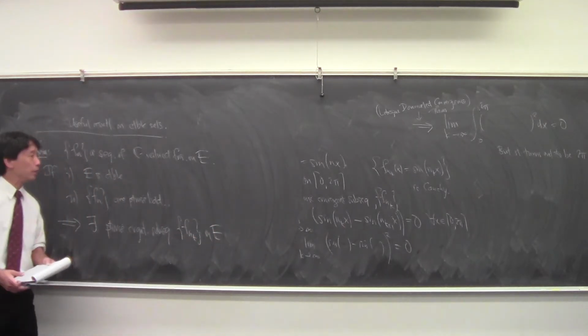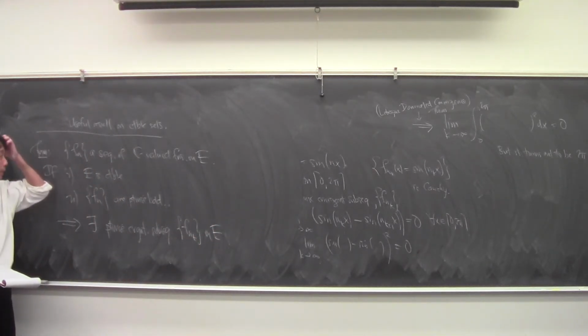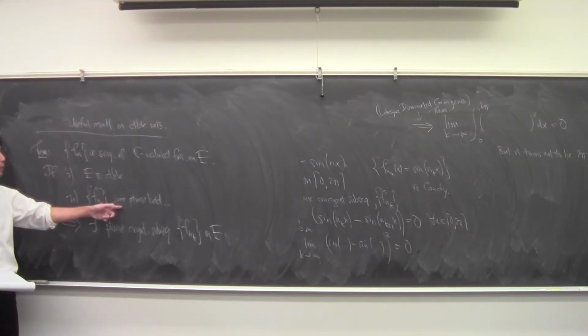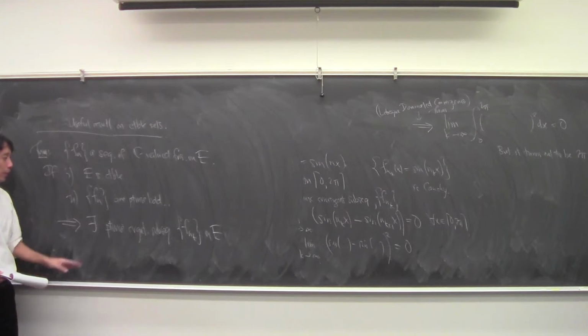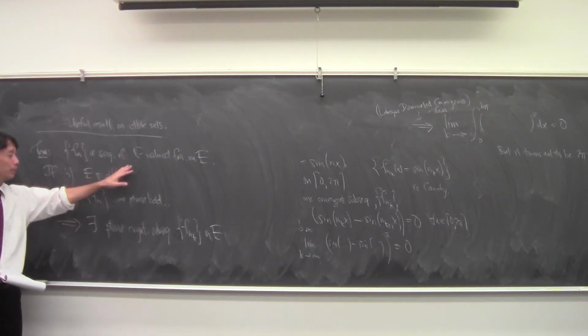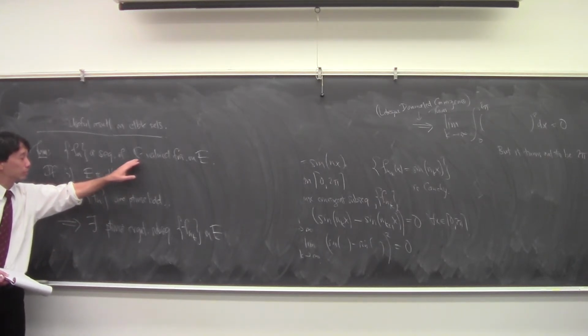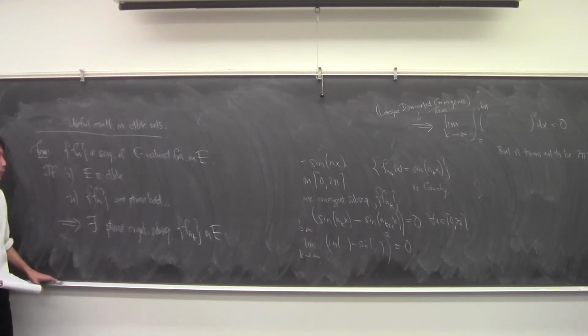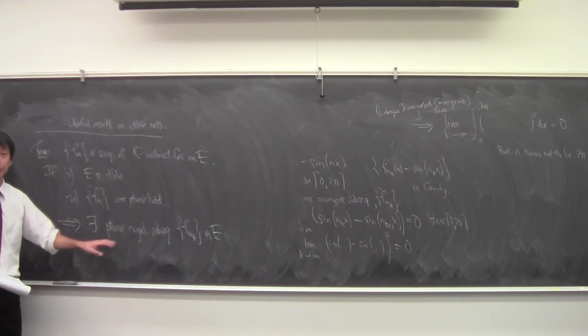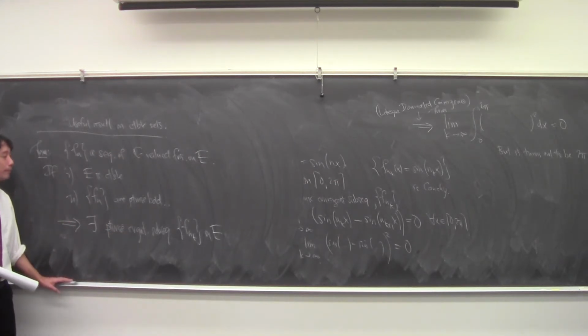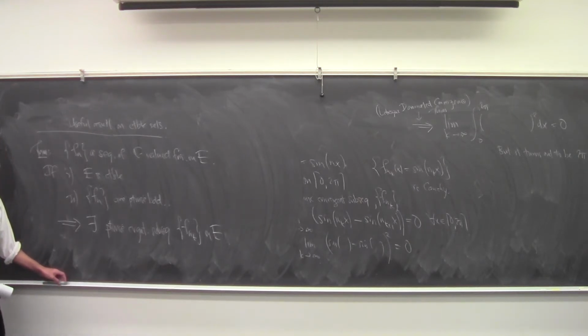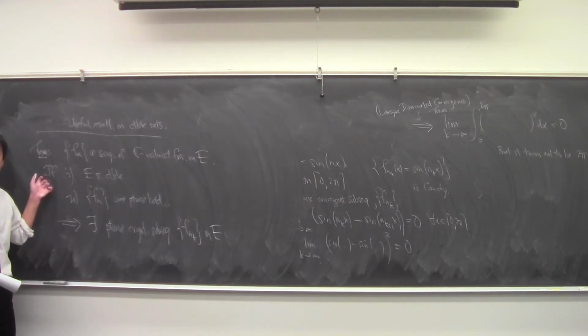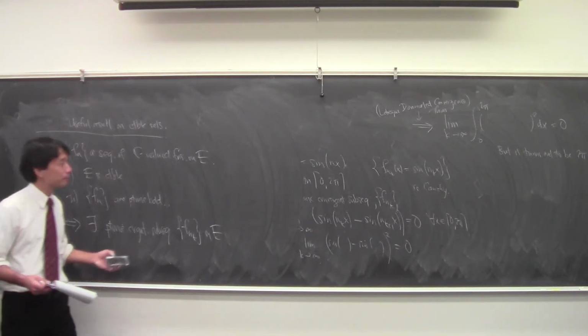Okay. So, given any pointwise bounded sequence of functions, well, C-valued functions on a countable set, you're guaranteed a pointwise convergent subsequence. And this is basically using Bolzano-Weierstrass and Cantor's diagonal process.